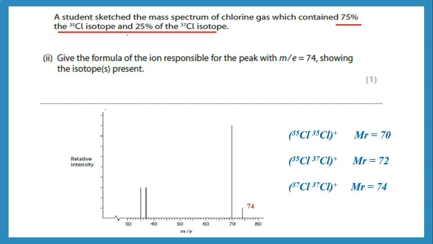So the peak at 74 is the one in which both chlorines are from the isotopes that have a mass of 37. This is how you write the formula of the ion. So the ion has to be a positive charge, and we want the one in which the first chlorine has a mass of 37 and the other chlorine has a mass of 37.